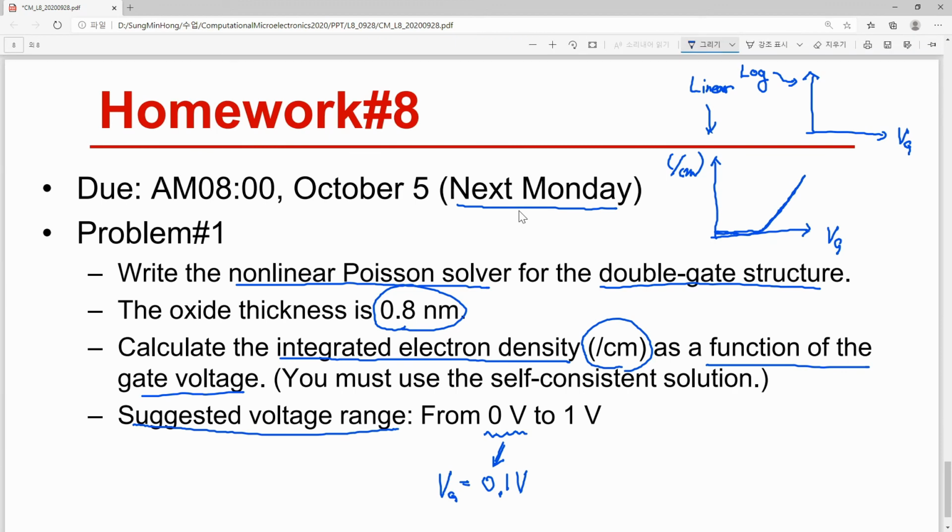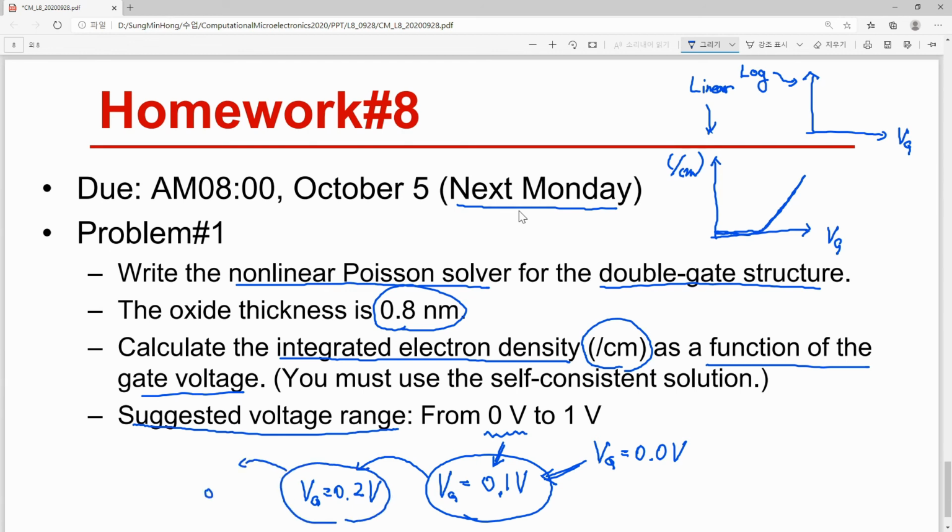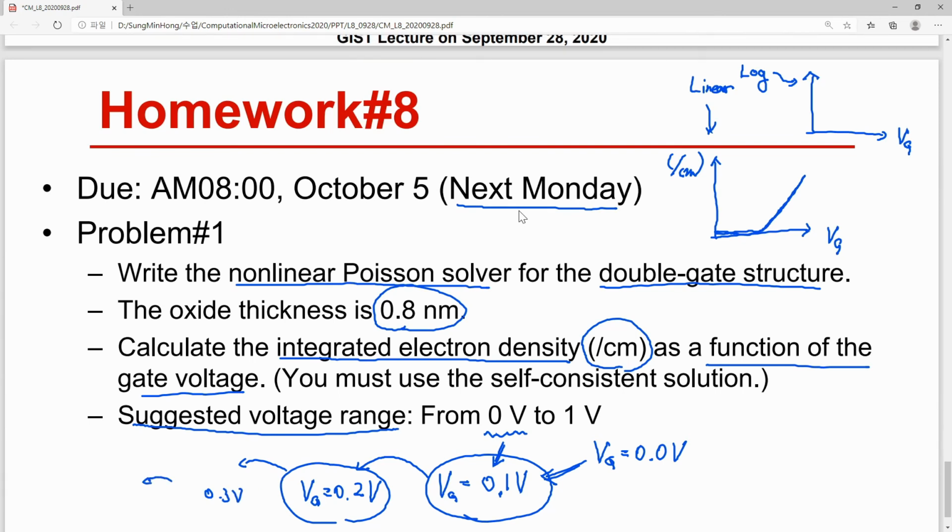In this case, the converged solution at Vg equal to 0.0 volt is used as the initial guess for your new bias condition. Let's assume that now you have the converged solution for 0.1 volt. Then by using this solution as an initial guess, please try 0.2 volt. After you have succeeded in finding the solution, then please move to 0.3, 0.4, and so on.